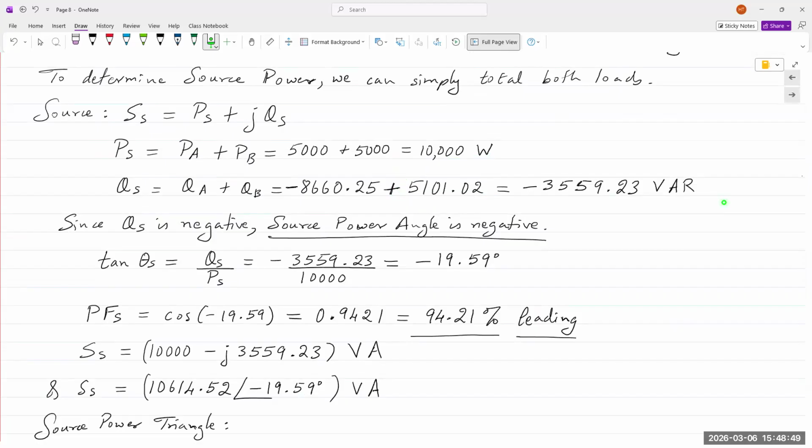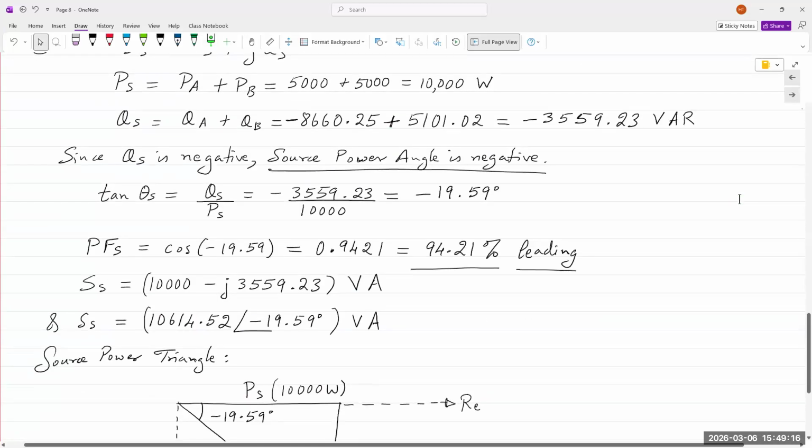Total reactive power turns out to be negative. And because total reactive power is negative, it means the power angle is negative, which means it is pointing below zero. It's pointing down, which means it's a capacitive load. Overall, the system is a capacitive load. It's pointing down.